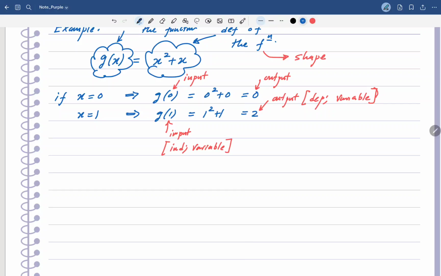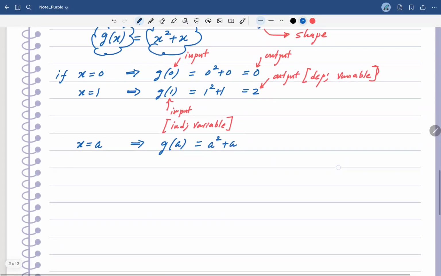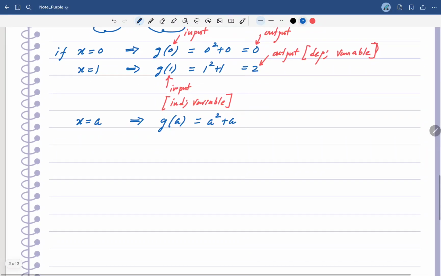Now, if you look into the holistic picture, in general, you can say x is equal to a. So that means a is an arbitrary constant. So g of a, where x is replaced by a, is going to be a squared plus a. So that's the output. If you look into this g, you put an input inside, then you get an output.